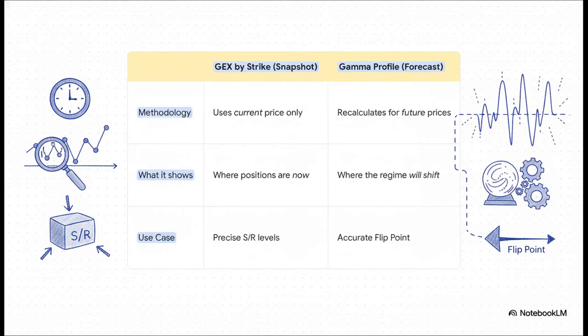The GEX by strike, our snapshot, only cares about the current price. It shows you where the positions are right now, which is perfect for finding those precise support and resistance levels. Meanwhile, the Gamma Profile, our forecast, is busy recalculating GEX across all sorts of potential future prices. And that's what gives you the most accurate idea of where the entire volatility regime is actually going to shift.